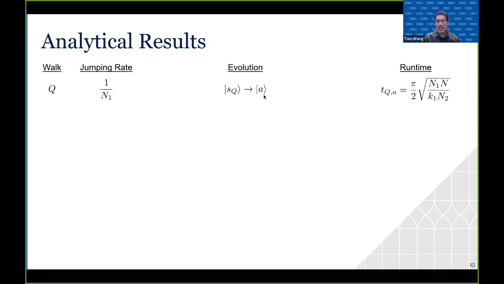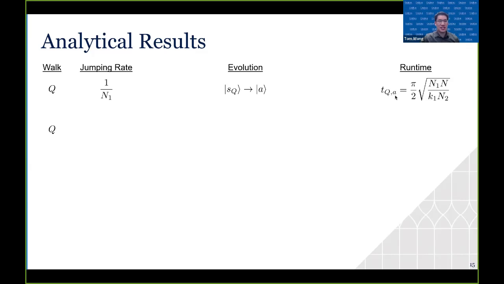And that the time that this takes is pi over 2 times the square root of the number of vertices in the left set times the total number of vertices divided by the number of marked vertices in the left set times the number of vertices in the right set. And so we're going to call this TQA. So this is the time that it takes for the signless Laplacian to find a marked vertex in the left set. And again, we're calling those vertices A.